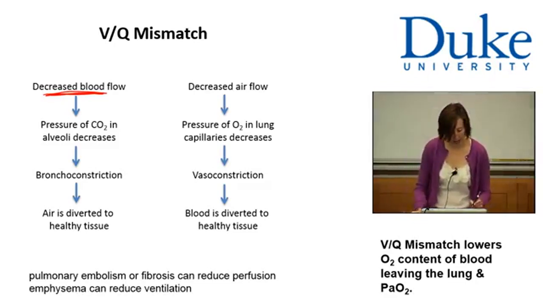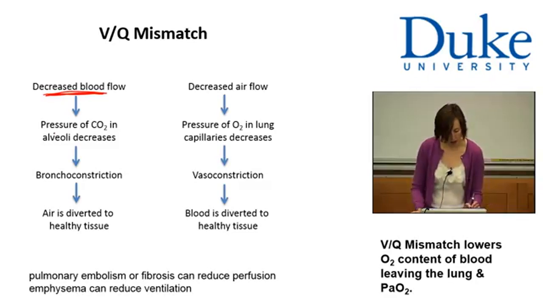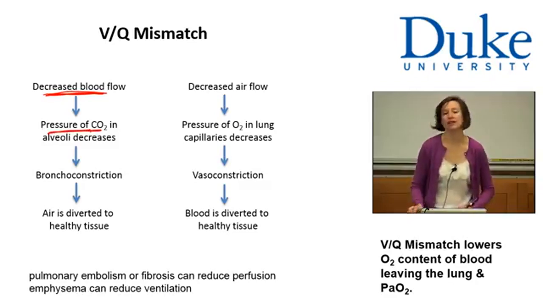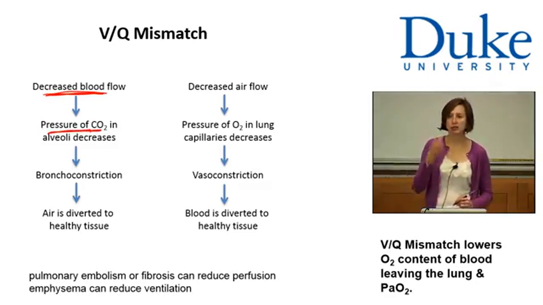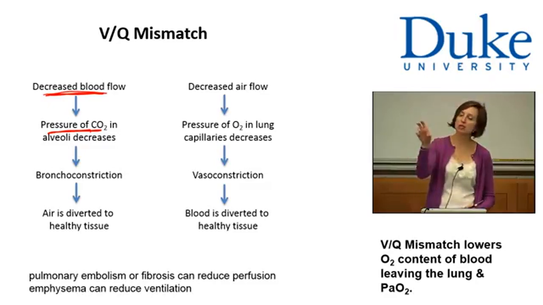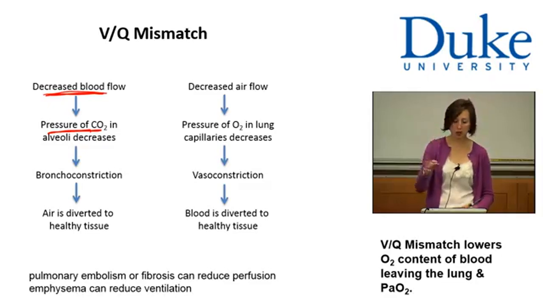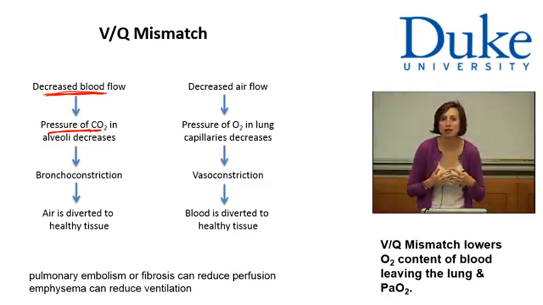When that happens, the pressure of carbon dioxide in the alveolus is going to decrease. Because remember, if blood can't flow to that portion of the lung, then CO2 is not going to be delivered, and there's really low CO2 in the atmosphere. So without that CO2 coming from the blood, the pressure of CO2 will be low.